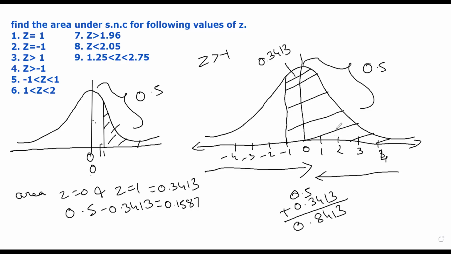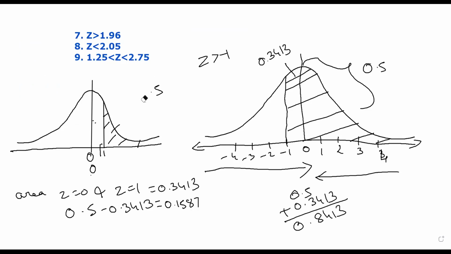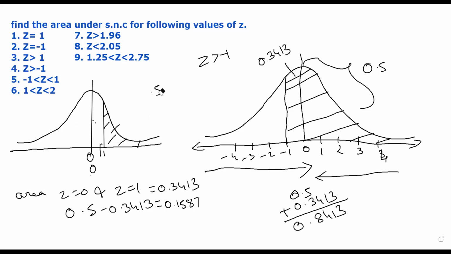Okay. Now the next concept. I want area in between -1 and +1. So let us find out the area between -1 and +1. Now see, suppose this is Z is equal to 1.